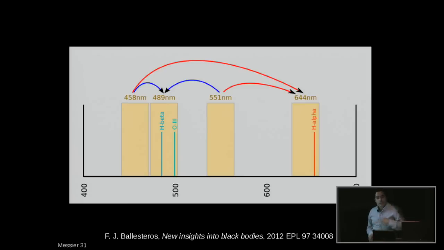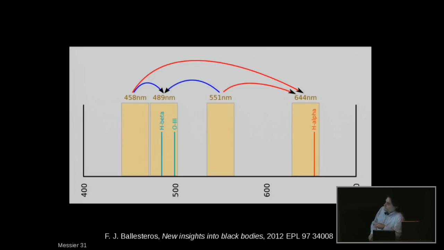Then we are going to do the same technique for continuous subtraction, but we are using the technique described by Fernando Ballesteros in New Insights into Black Bodies. In this article, he describes how to calculate the black body radiation at a given wavelength from 2 other wavelengths.